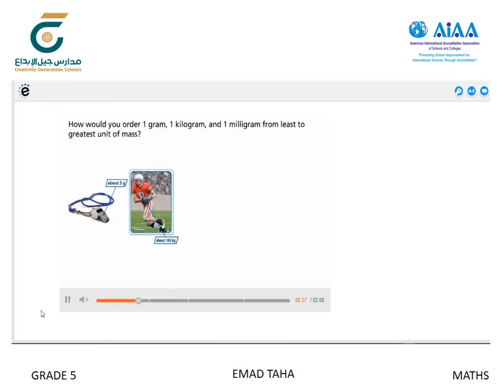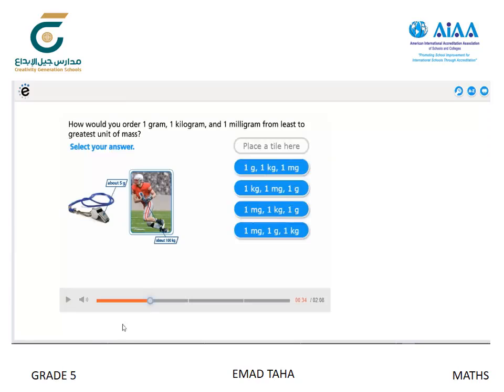How would you order 1 gram, 1 kilogram, and 1 milligram from least to greatest unit of mass? Okay, the least unit is milligram.